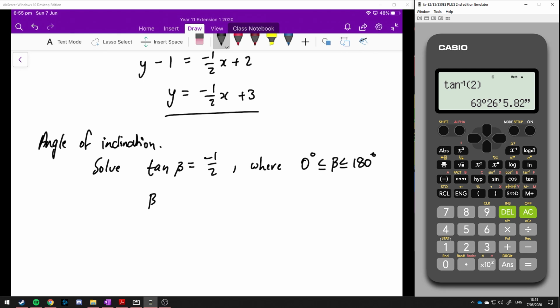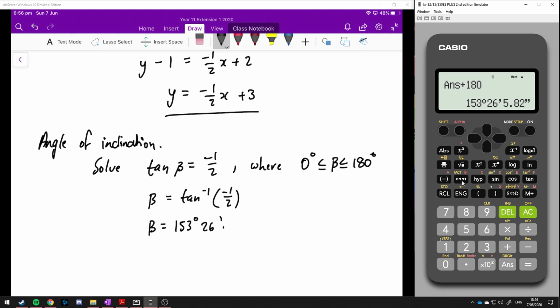We take the inverse tan of both sides, and we get that beta is equal to the inverse tan of negative 1/2, and make sure we add it to 180 to make sure we get our proper angle. I'm going to get 153 degrees and 26 minutes.